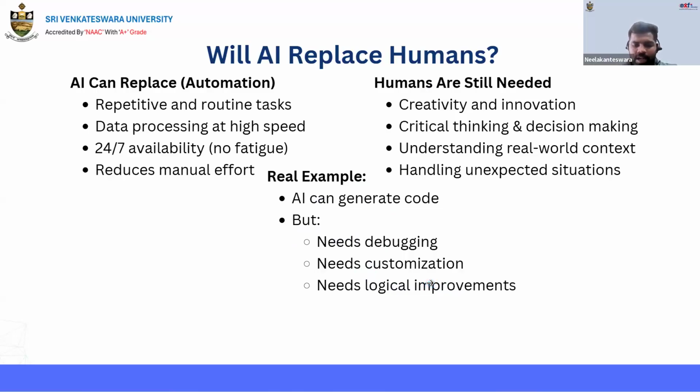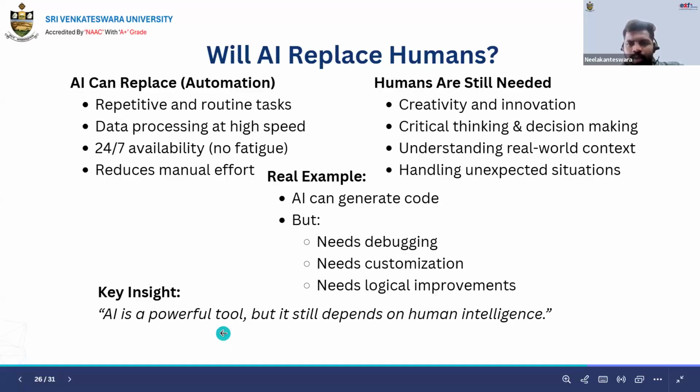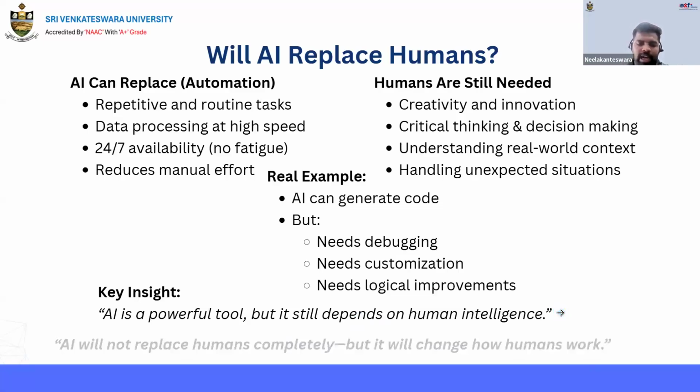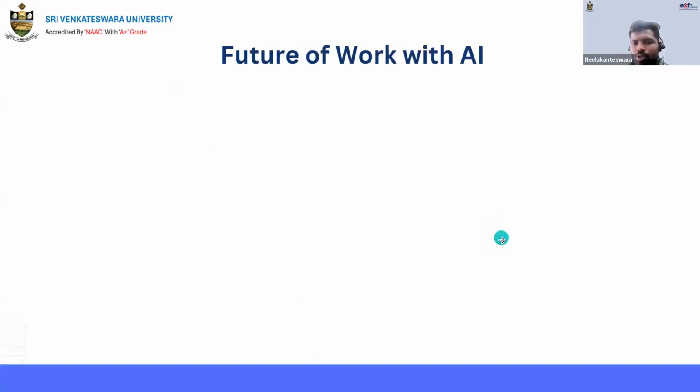Finally, we see that AI is a powerful tool, there is no objection to that, but it still depends on human intelligence. AI will not replace humans completely, but it will change how humans work.